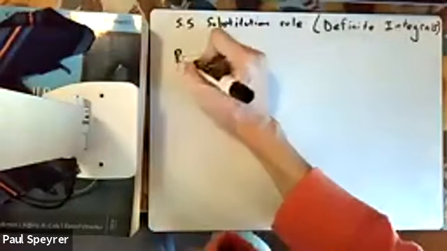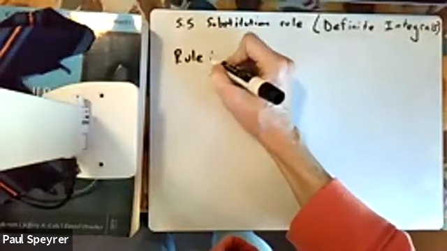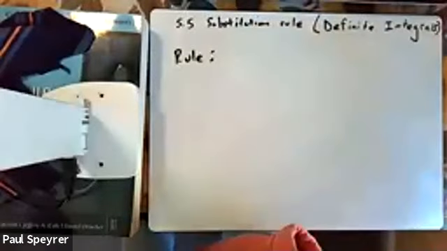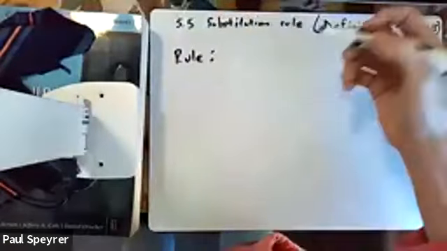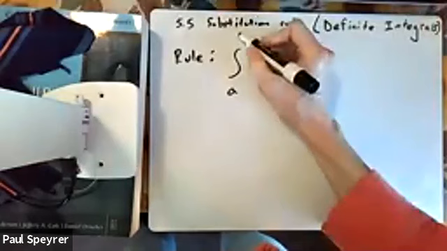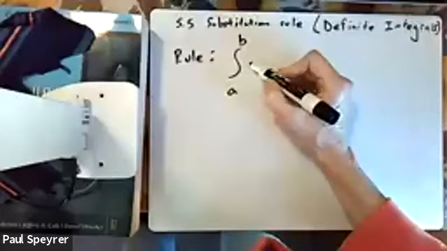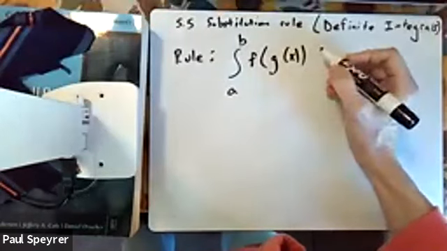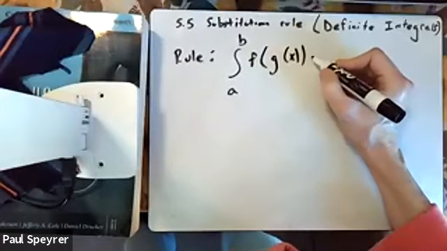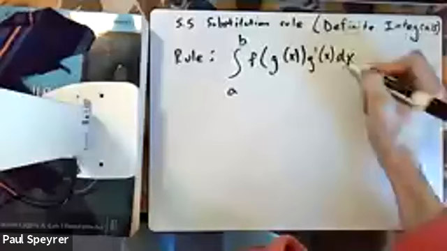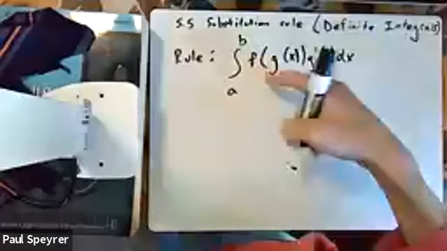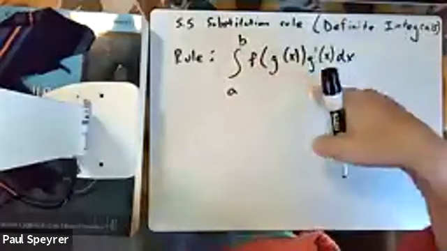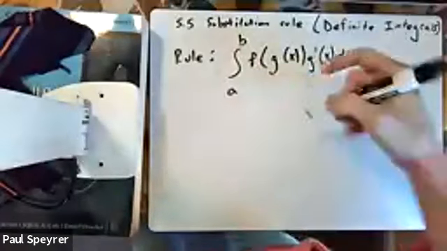Well, the rule for substitution, if you have definite integrals, is the integral from a to b of f of g of x times g prime of x dx. So remember, this is just the generic form to use substitution. Right? And what is all this equal to?